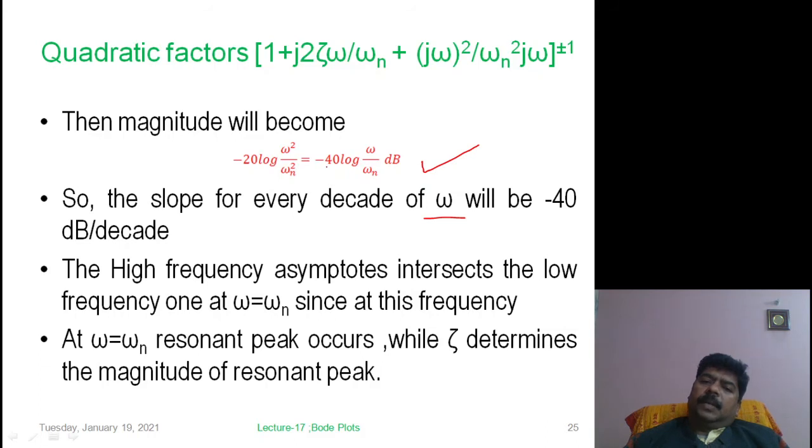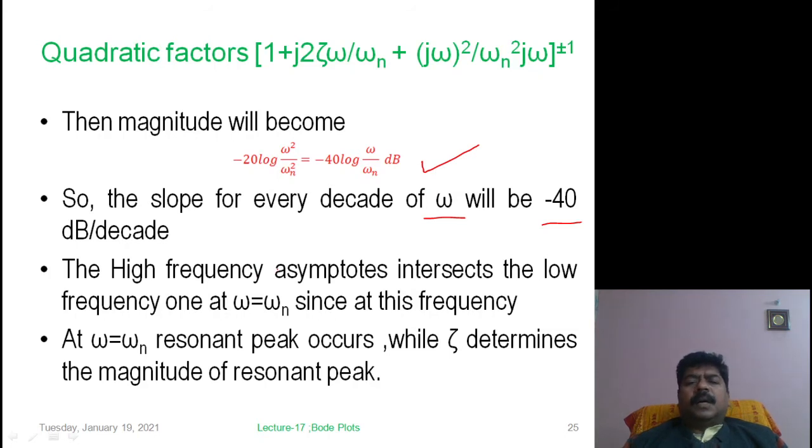So plus 40 to 0 means for every change in decade there is a change of minus 40 dB. So here is the slope for the quadratic factor. If this quadratic factor lies in the denominator, the slope will be minus 40 dB.